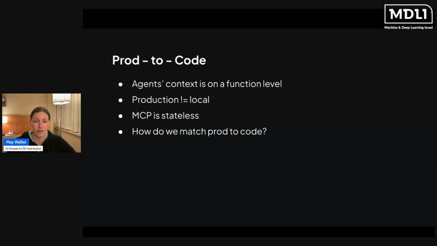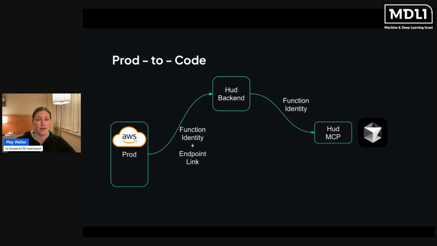So how do we match production to what's going on in the code base? Basically, what we did is that we have the runtime code sensor that runs in the client's production environments, and it sends over the function's identity, so unique descriptors depending on the runtime of that specific function's behavior, without sending the code home, which was very important for us for security reasons.